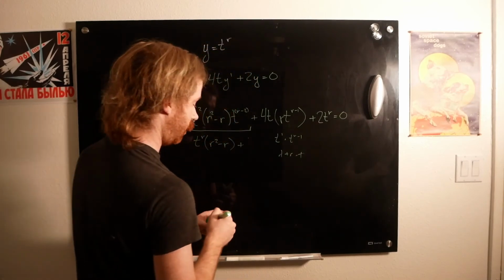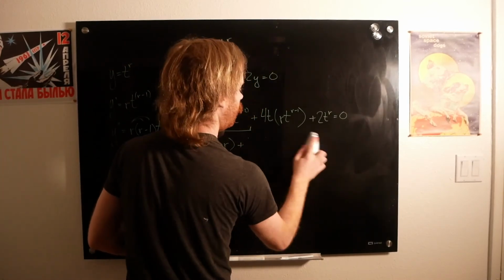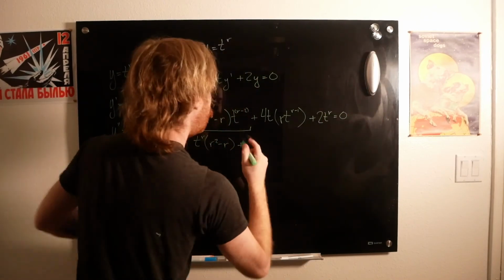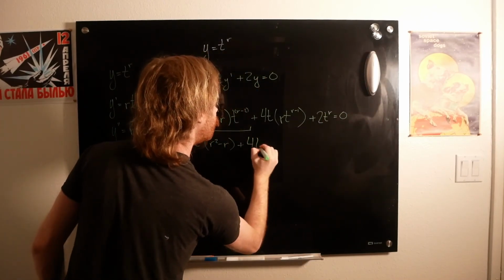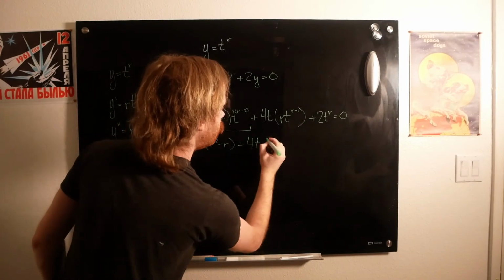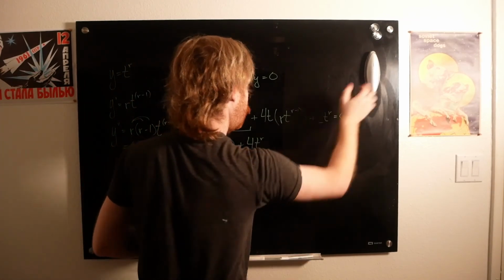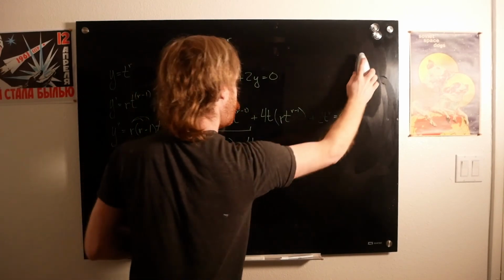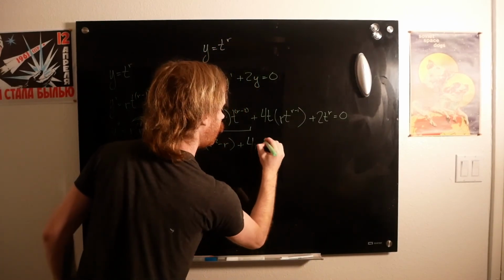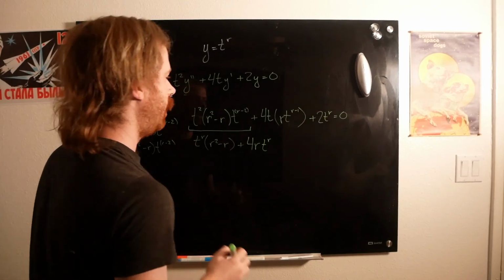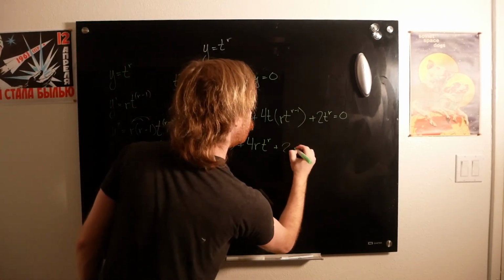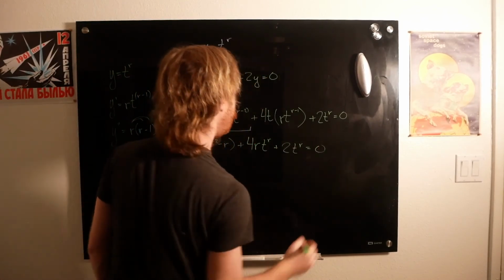Those are going to cancel again, and you're going to be left with t to the r again. So it's going to be plus 4r t to the power of r, and then plus 2t to the power of r equals 0.